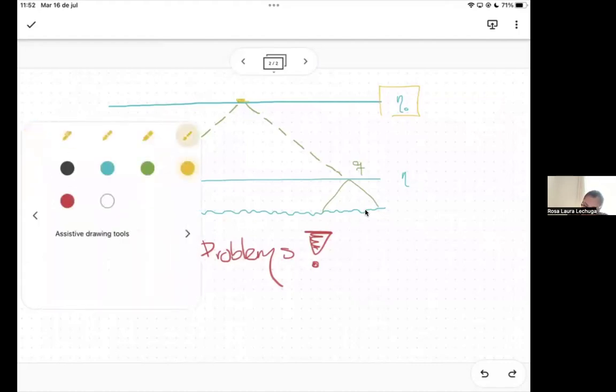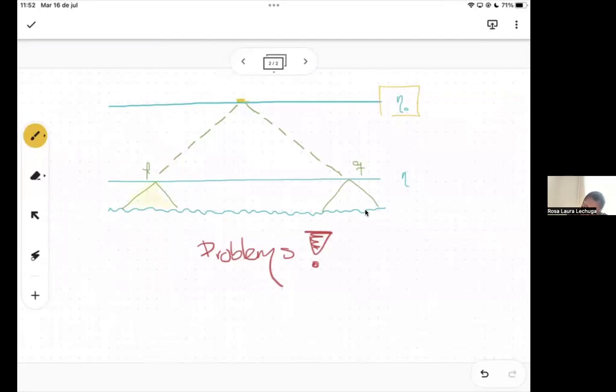This is one for this part that is P, and the other, which is in terms of Q. And what happened? They realized that it seems that the regions have no causal contact.